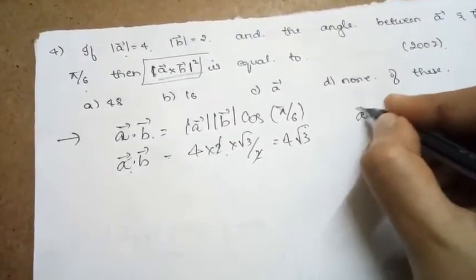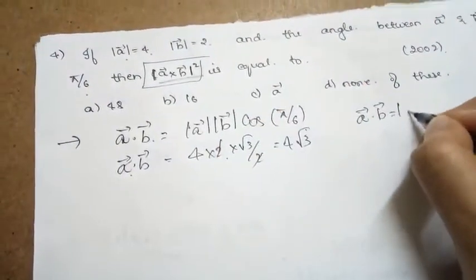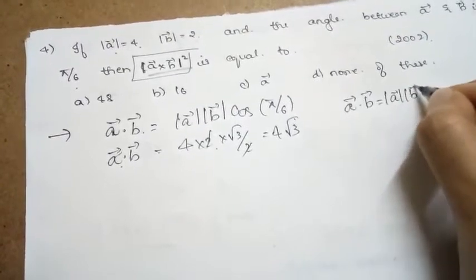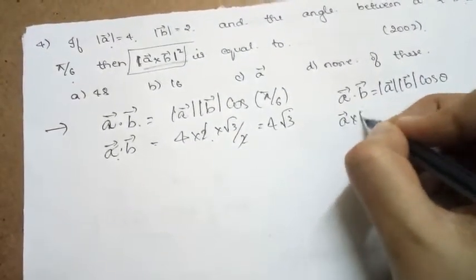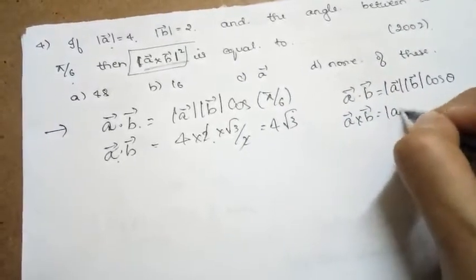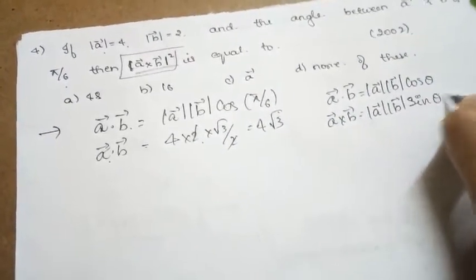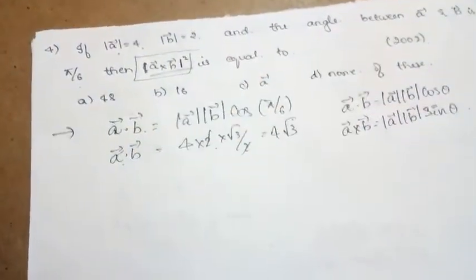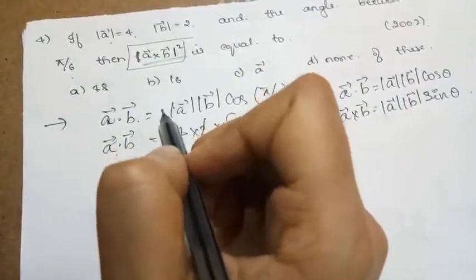So clearly we know that vector A dot vector B is equal to magnitude of vector A, magnitude of vector B, cos theta. And what is the magnitude of vector A cross vector B? It is nothing but magnitude of vector A, magnitude of vector B, sin theta. What we require here is magnitude of vector A cross vector B whole square.